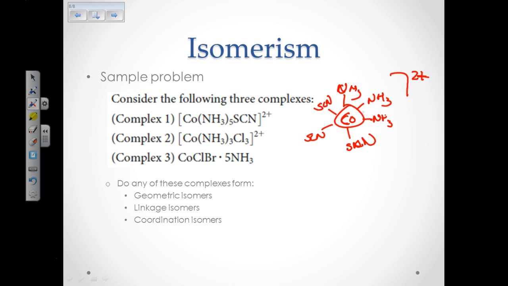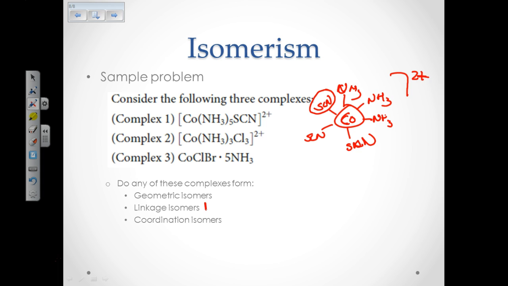Can this be a linkage isomer? Well, lo and behold, the example that I had was with thiocyanate. So sure, complex ion number 1 could be a linkage isomer. Could it also be a coordination isomer?